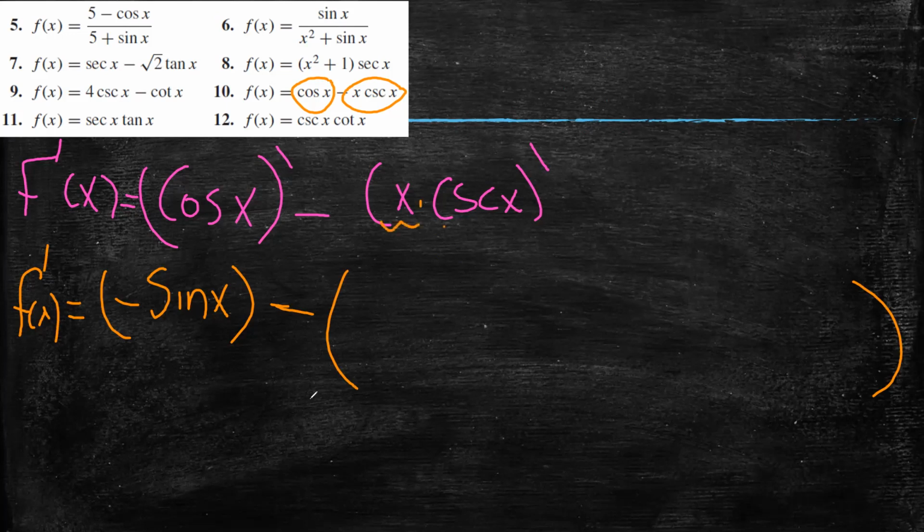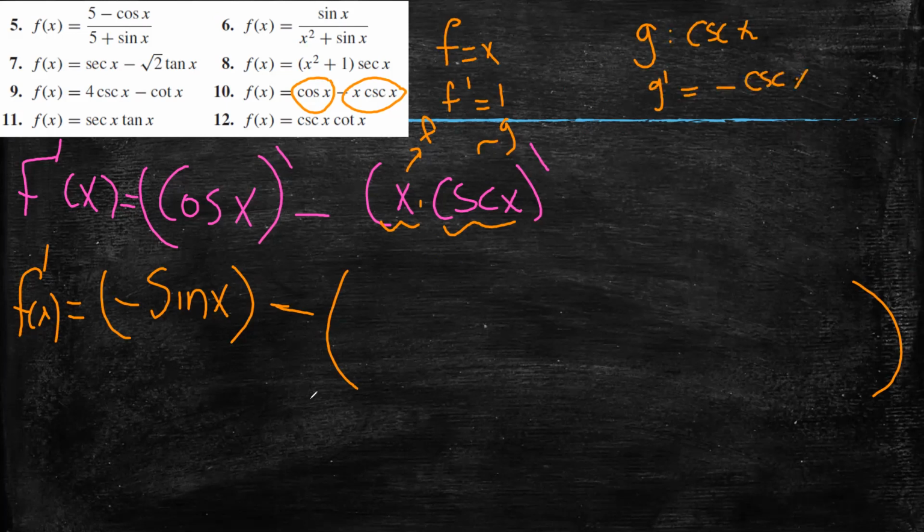The product rule, we said in it that if this is f and this is g, so f is x, so f prime is 1. G is cosecant, so g prime is negative cosecant x cotan x.